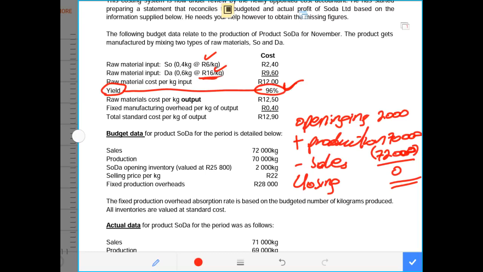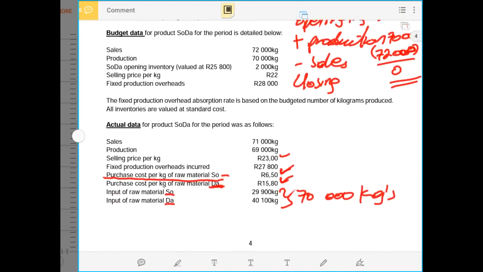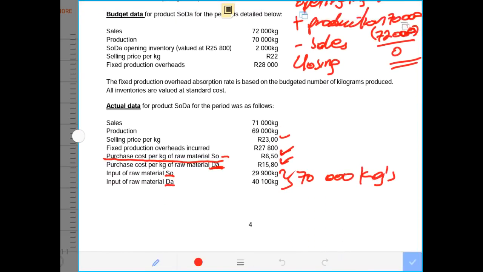And the reason why our yield will not be 100% is because of what we normally call, in process costing, normal loss. That means 4% of what we introduce, or 4% of what we start with, becomes a normal loss. Therefore we only get an output, or a yield, of 96%. So let me explain this in formula terms.